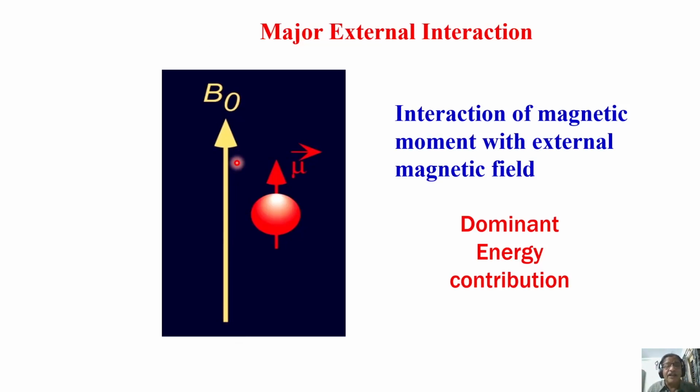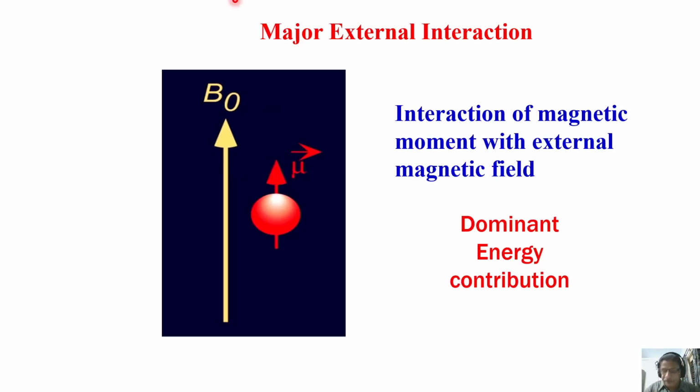You remember, we calculated the energy in one of the previous classes. We even calculated the frequency. The energy separation is so large. When we calculated the frequency, it is of the order of few hundreds of megahertz. Then what about other interactions? Radio frequency interaction is very small. Among the external interactions, this interaction is dominant.